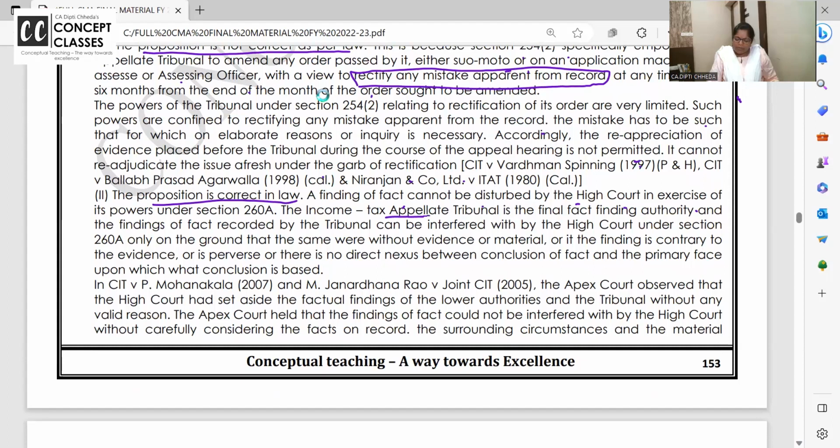The Income Tax Appellate Tribunal is the final fact-finding authority, and the tribunal's fact-finding record cannot be interfered with only on the ground that it was without evidence. So in the court case, they observed that the High Court set aside the factual findings of the tribunal, and the apex court held that a finding of fact cannot be interfered with.